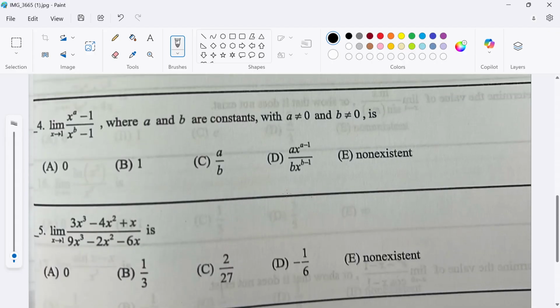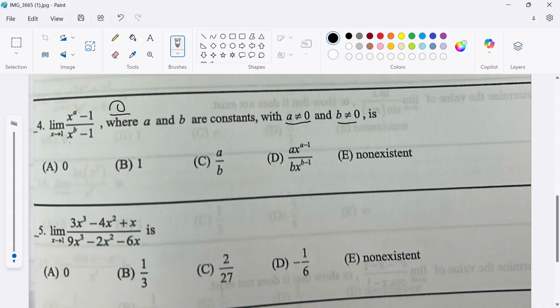Number 4, where a and b are constants with a not equal to 0 and b not equal to 0. I think I got this one wrong earlier today, which is why I'm redoing 1 through 4 in this video. It's x to the a minus 1. So let me see, as x goes to 1, 1 to the a, 1 to any power is 1, minus 1 is 0, over 1 to some power. I don't get why a is 0 and b is 0, because if x is approaching 1, 1 to the 0 power is still 1.